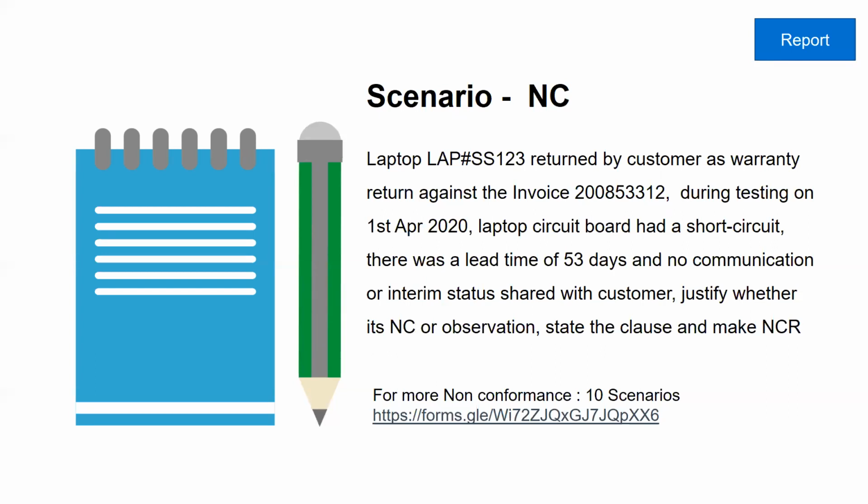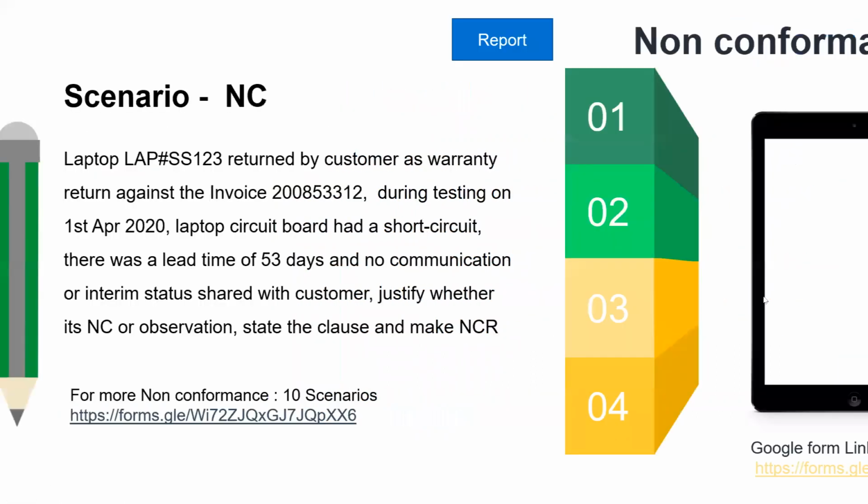There was a lead time of 53 days, with no communication or interim status shared with the customer. Justify whether it's a non-conformity or observation, state the clause number, and make the NCR, the non-conformity report. For more information, if you want to catch up and practice, you can go through it. Let's go and find the answer.